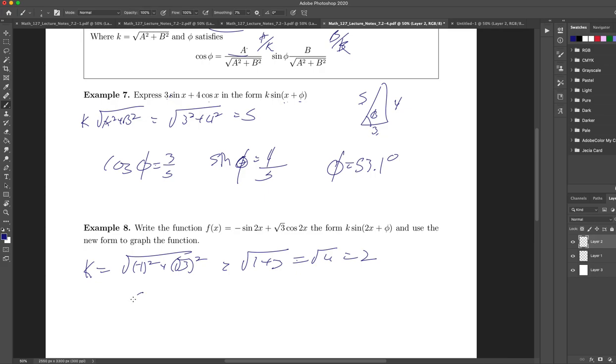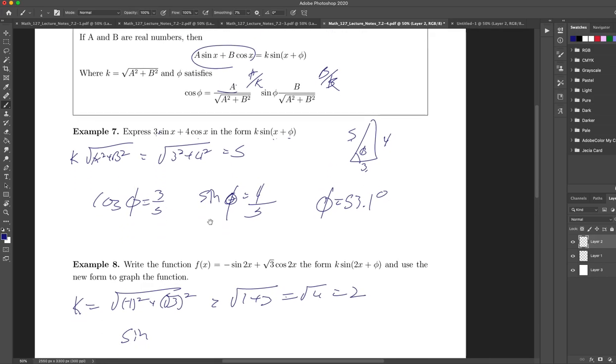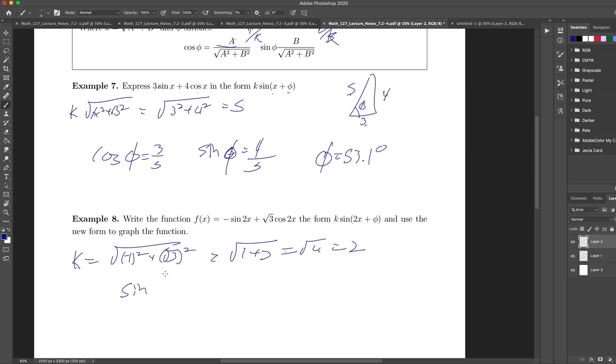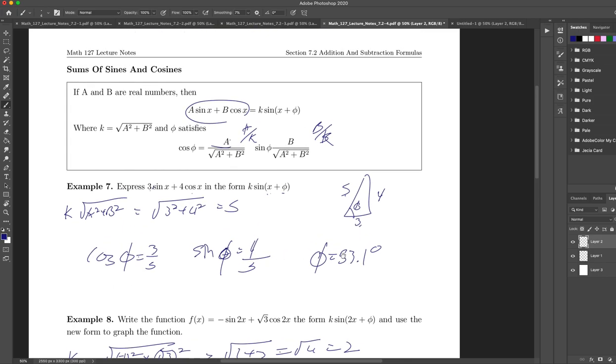So we want to solve where the sine of, so notice here, I might have made a small boo-boo. Notice a goes on the cosine, so this should be, no, I did it right. This is 3, this is 4. The cosine goes here.